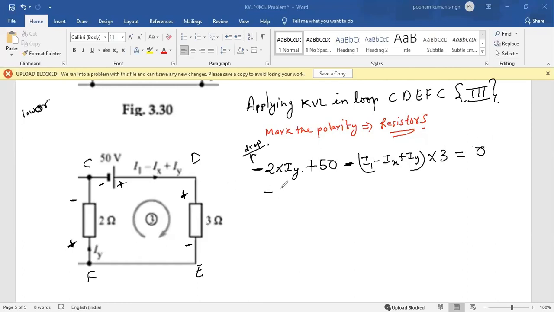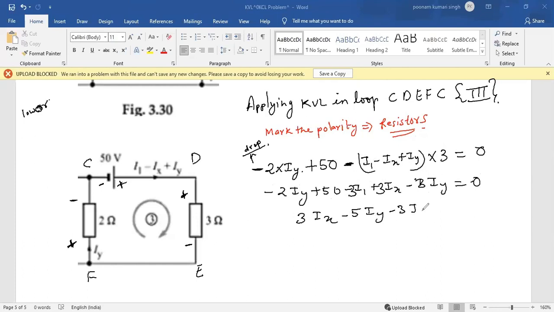So this will be minus 2Iy plus 50 minus I1 plus Ix. I'll use 3 here everywhere, and minus Iy, 3Iy equal to 0. So this all is nothing but 3Ix minus 5Iy minus 3I1 plus 50 equal to 0.